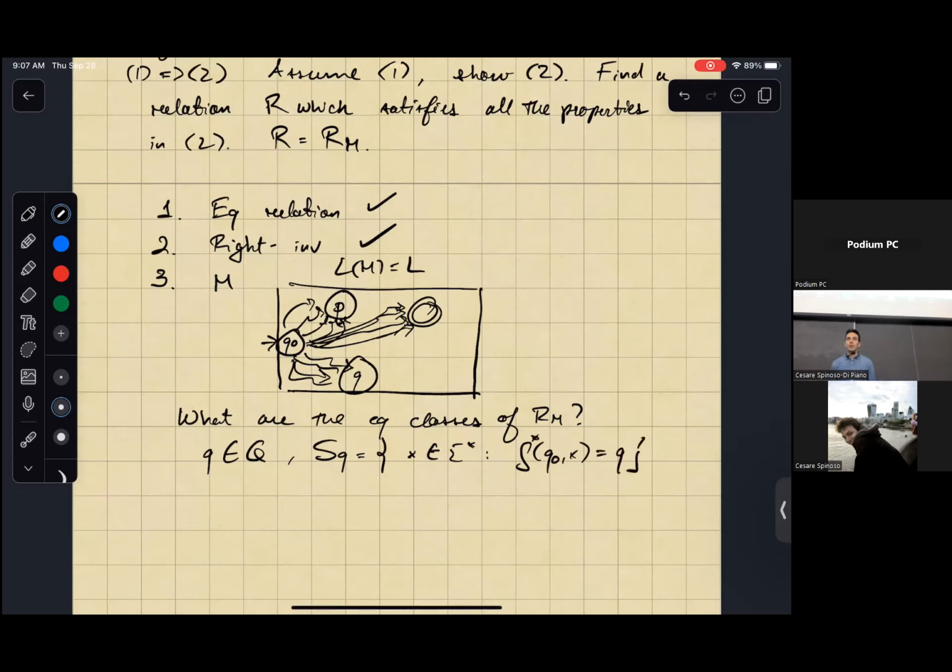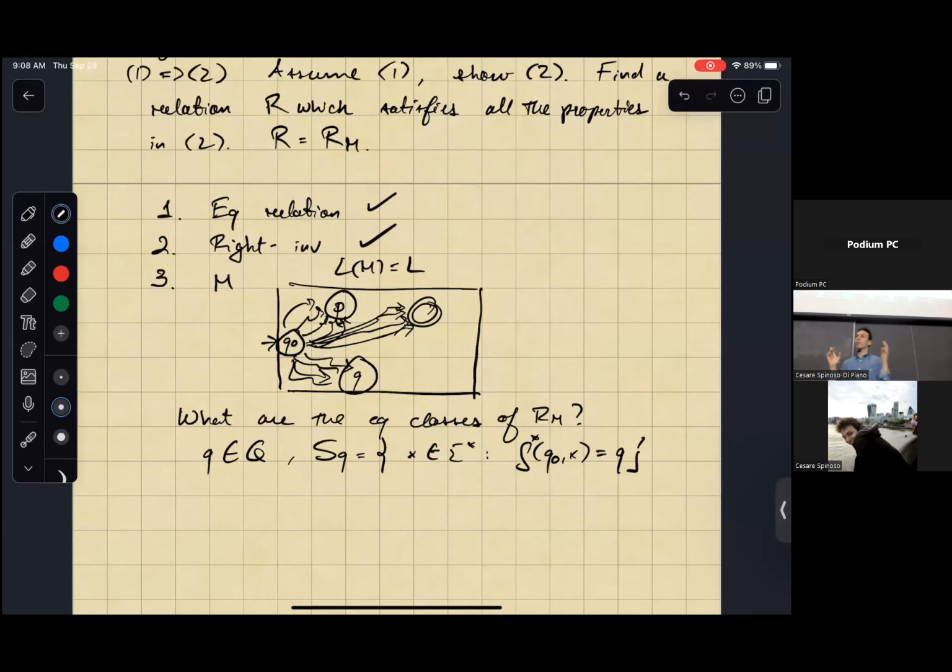So clearly I have a partition, because no string ends up in 2 different states. And their union is of course sigma star, because a machine can take in any string. If I take all of the strings that the machine can take in, that's sigma star.